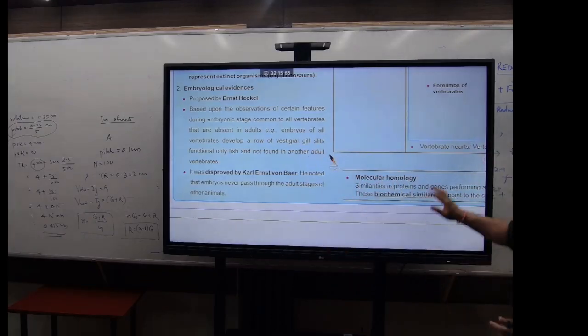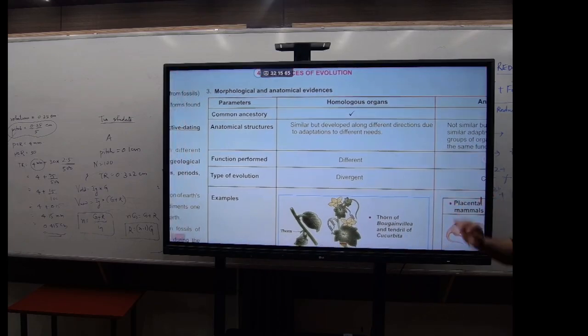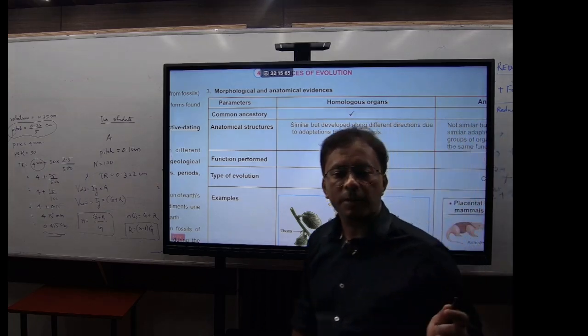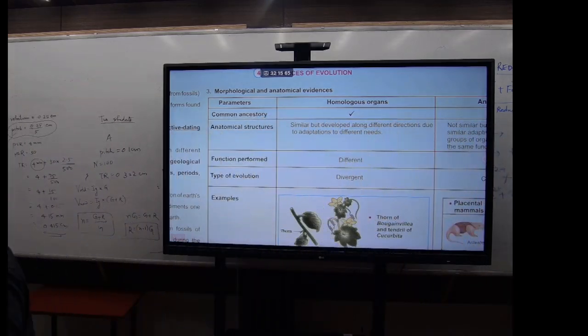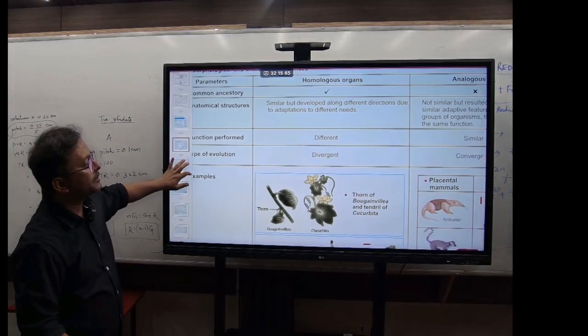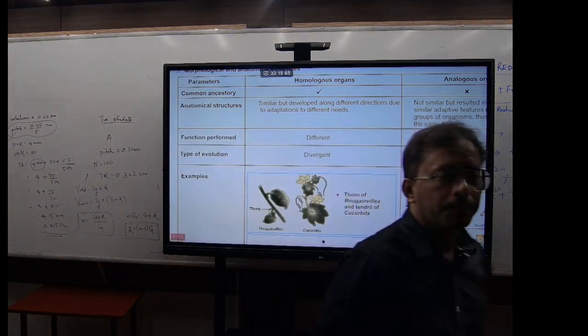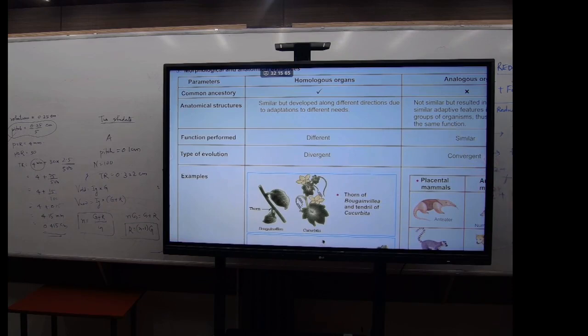Now comes the next form of evidences known as the morphological and anatomical evidences. So for example, the first one, homologous organs. Homologous organs are those which are similar but developed along different directions due to adaptations to different needs.